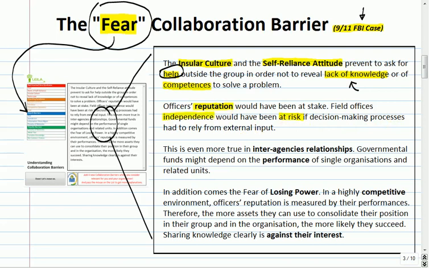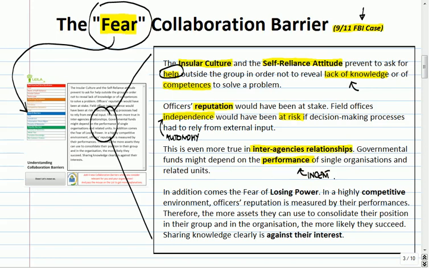So if we want to have a high level of autonomy, of independence, we start valuing only information which comes from inside, and we are very careful in giving information to others or relying on other people's information. And this was the case at FBI. And this is even more true in inter-agency relationships, because governmental funds might depend on the performance. So here you see again the issue of incentives.